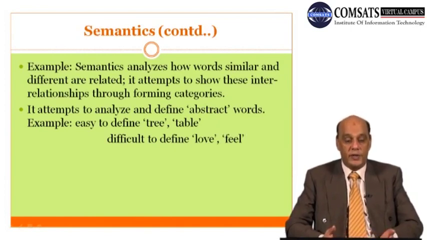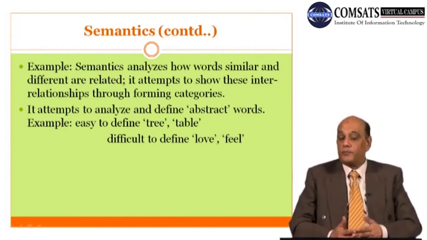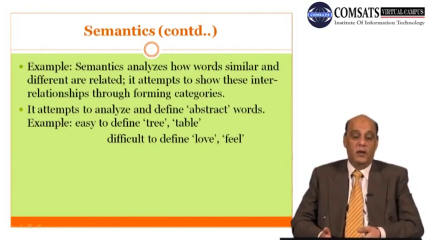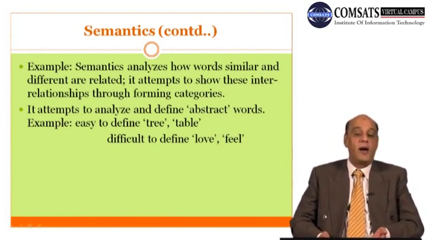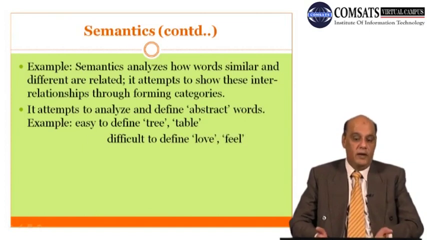It attempts to show these interrelationships through forming categories. It attempts to analyze and define abstract words. For example, it's easy to define tree, table, but it's difficult to define abstract nouns like love and feel.